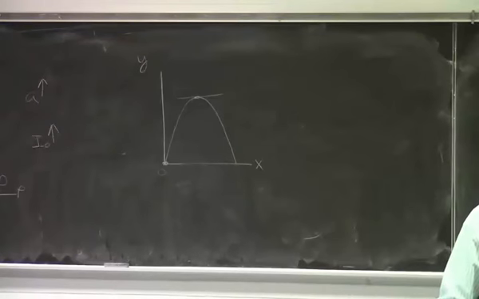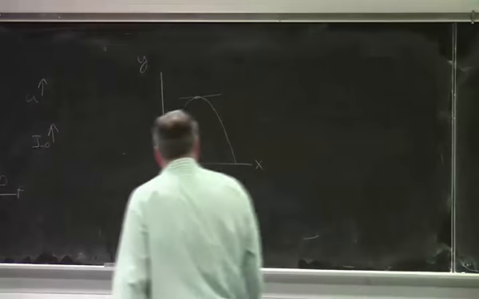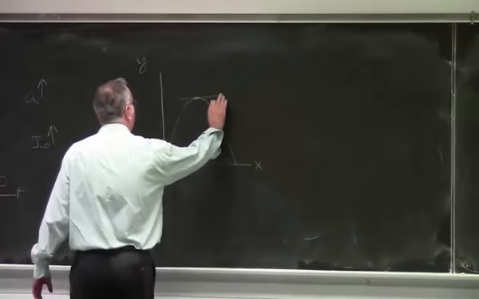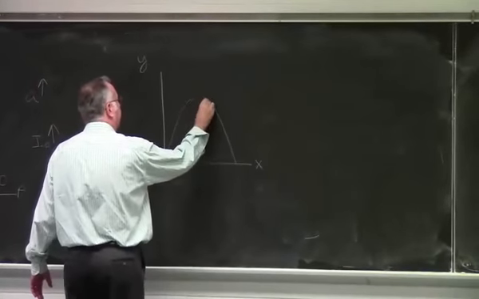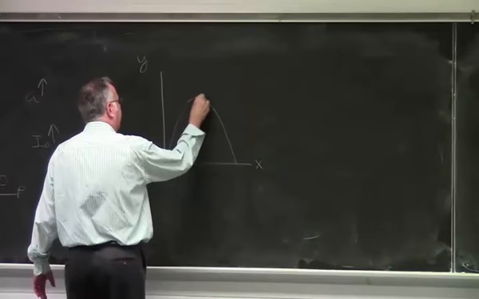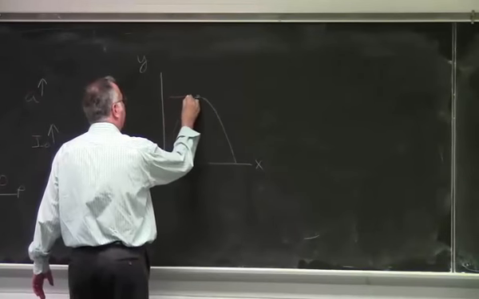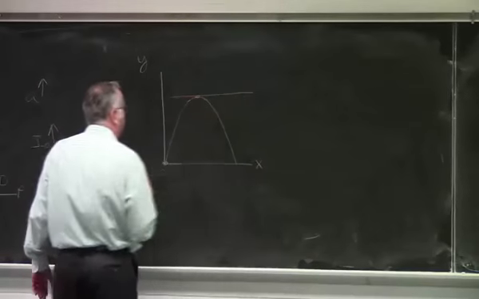Because what's the geometrical interpretation of the first derivative? Point slope. And at the very top of the hill, what's the point slope going to be? 0. Let me make sure this is horizontal. You get to the very top, point slope is going to be 0.